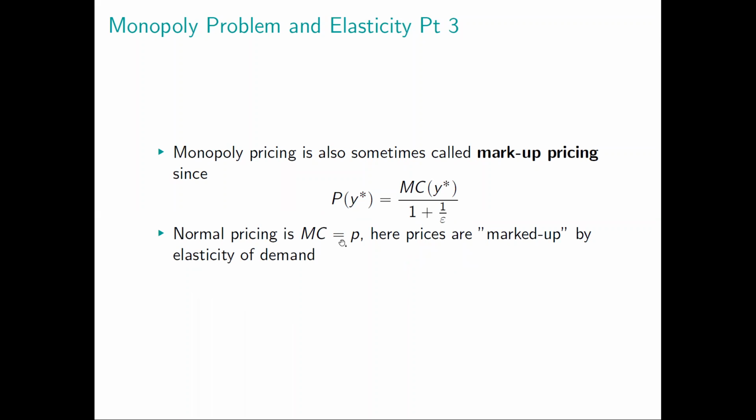Normal pricing, remember, for a perfectly competitive firm is marginal cost equal to price. Here prices are marked up instead by the elasticity of demand, right? So this P of y star is going to be the price under the monopoly, and this is marked up by marginal cost. So marginal cost multiplied by the scale factor depending on the elasticity of demand.